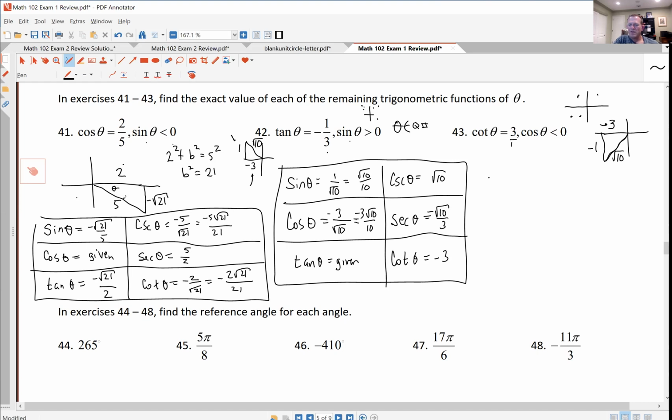And then we've got the sine of theta. Opposite over hypotenuse. Cosine of theta. Adjacent over the hypotenuse. Tangent of theta. Opposite over adjacent. Negatives cancel out there. Cotangent theta was given.